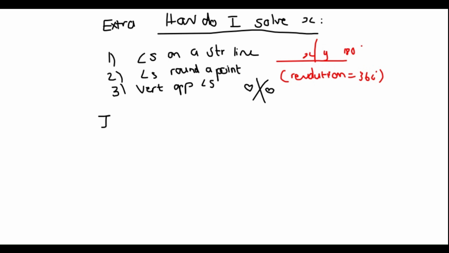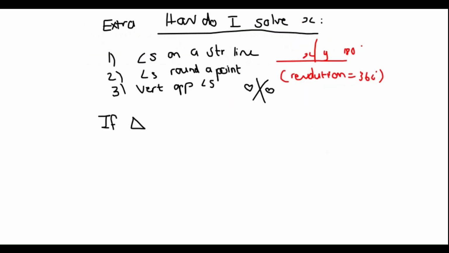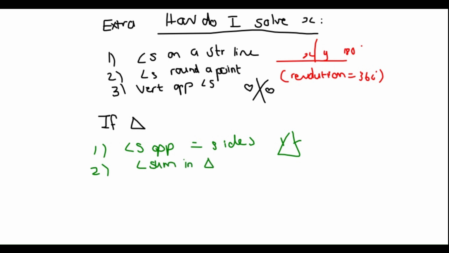If somehow there is a triangle, like in the very last example, and they want you to prove that two lines, like these ones, are parallel, what will you do then? Remember your theorems. Firstly, we know that angles opposite equal sides form an isosceles triangle. You could use that. You could use the sum of the interior angles in a triangle. We know that if you add the sum of the angles, it gives you 180.